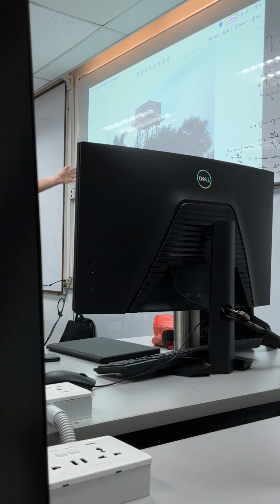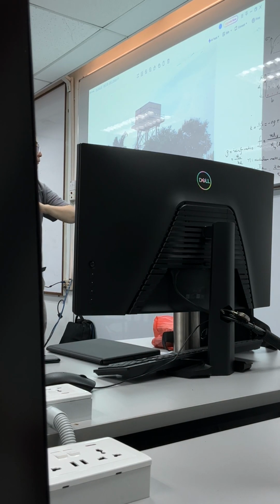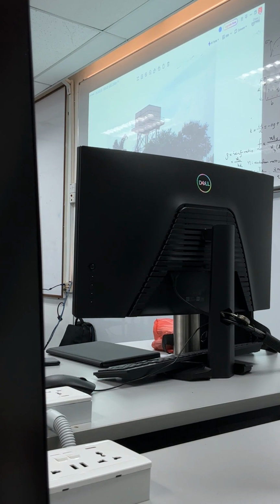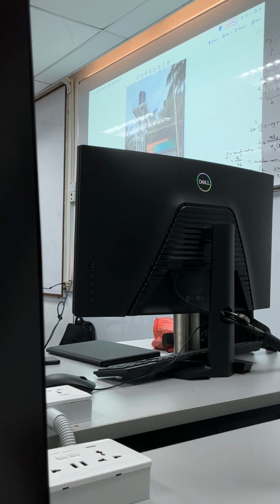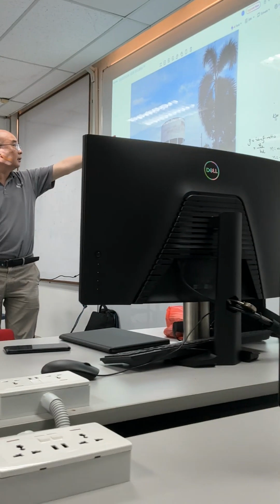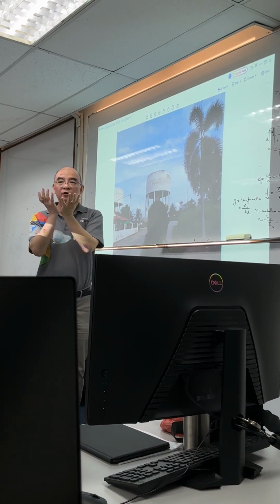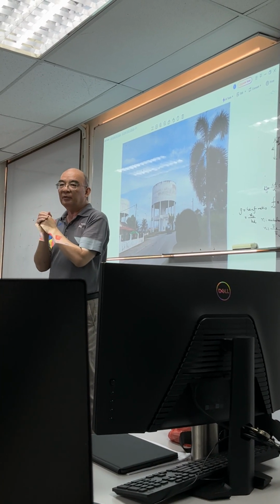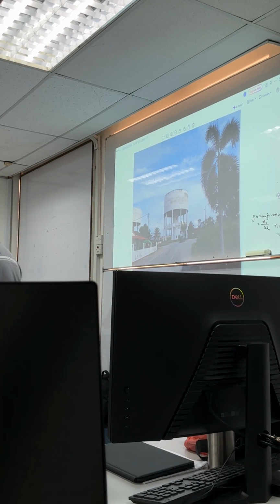This is another pressed metal water tank. This is a circular. The circular one is more efficient, but difficult to construct. I have explained that before, because your formwork has a certain curvature, and then your rebar has a certain curvature.